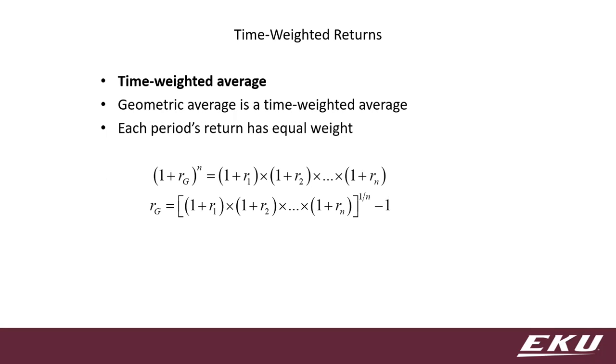Okay, so the first couple conversations we're going to have is a time-weighted return, which basically just is our geometric average or geometric mean, right? So you just add 1 plus each of the rates, multiply them together, and then take the nth root of that and subtract 1, and that will tell you what the average return has been.